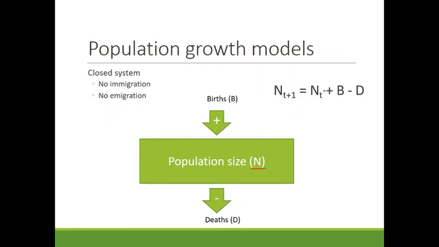So, in 2020 here, we have however many million deer in Wisconsin plus the number of births that we have in that spring minus the deaths that we've had since the last time we counted them. That gets us our number here in the next time step. So that t plus 1, just remember, is that next time step.